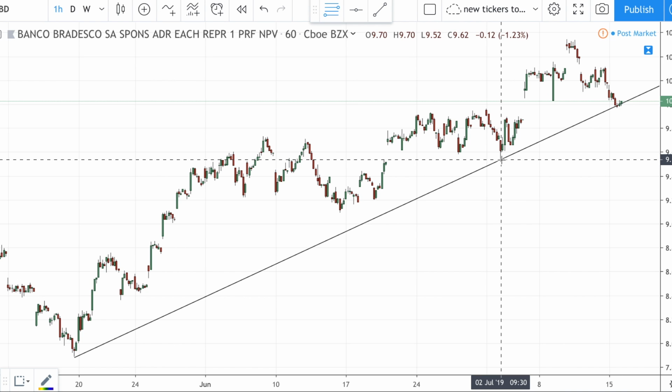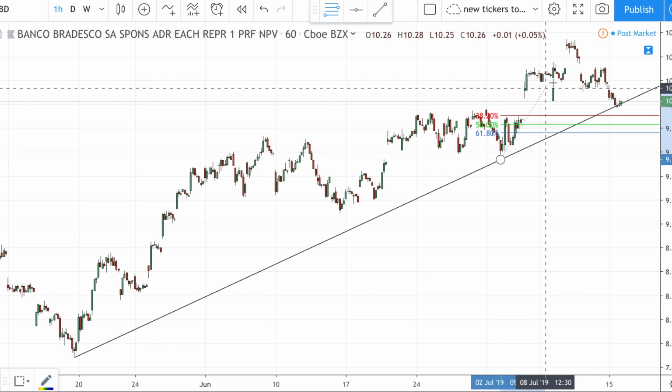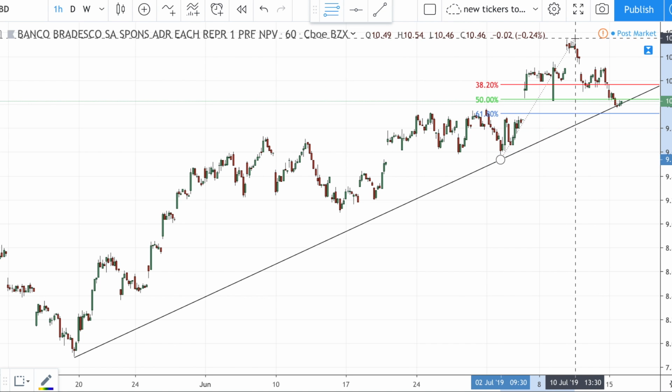So I've taken the Fibonacci retracement tool, and I will begin stretching it from the bottom of the last valley all the way to the top of the last high that we have on this chart, which is over here.